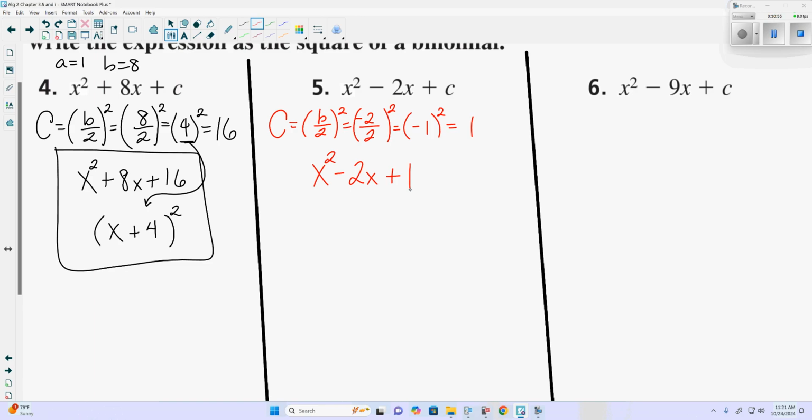And so if we plug that value of c back in, we get x squared minus 2x plus 1. So when we go to factor it, we'll have a set of parentheses squared, x. And since the number inside the parentheses before we squared it was negative 1, it tells us that this will factor to x minus 1 squared.